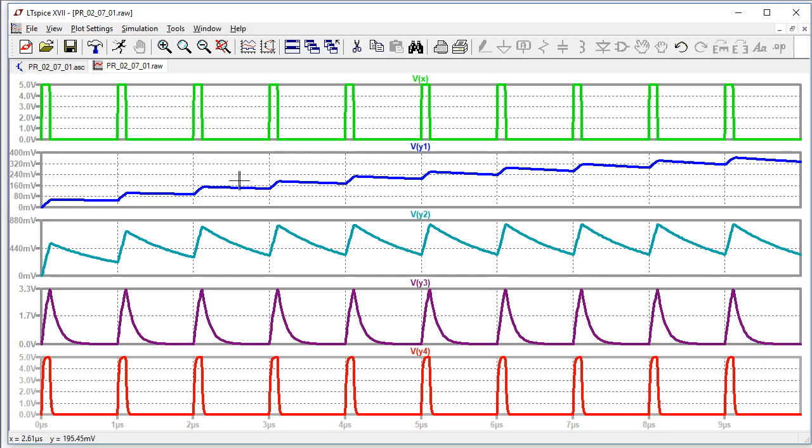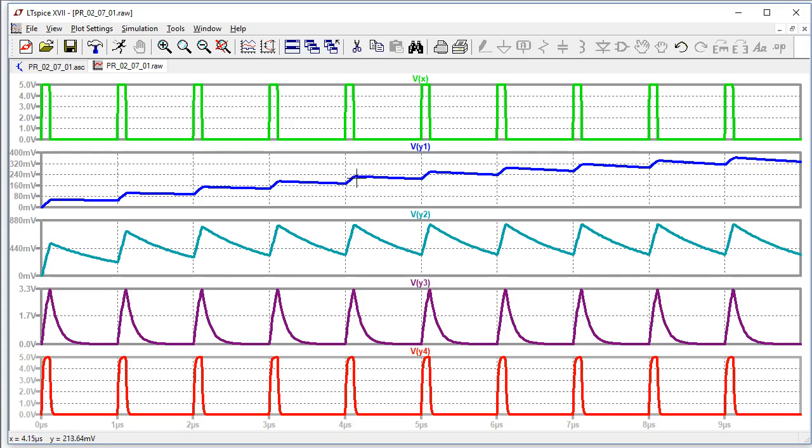The channel acts very much like a low-pass filter, and the output here is steadily climbing. It should eventually reach 2.5 volts, although it's less than that based on the duty cycle. But it should steadily climb until it reaches the average value of this particular waveform. And it doesn't look much like the original waveform at all, so there's significant channel distortion.